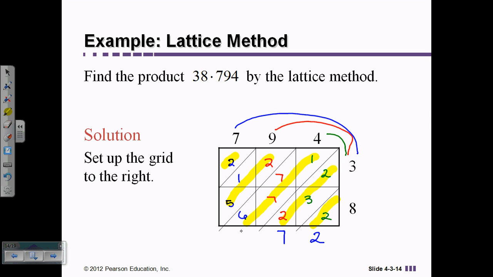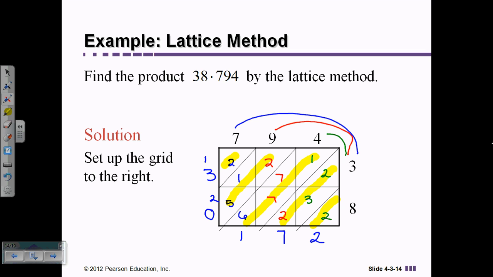So we get our 1 here, and we carry the 2 over to the next diagonal. So 2 plus 1 plus 5 plus 2 is 10. So we write down our 0 and carry our 1, and then 2 plus 1 is 3.